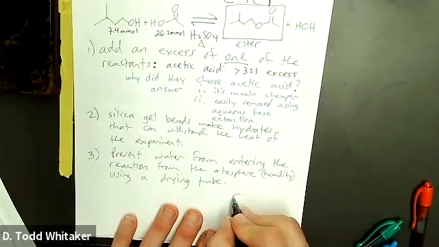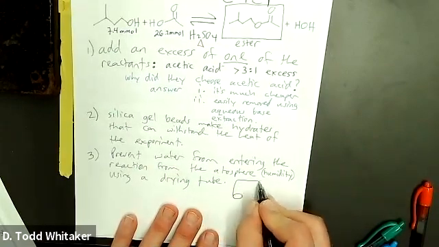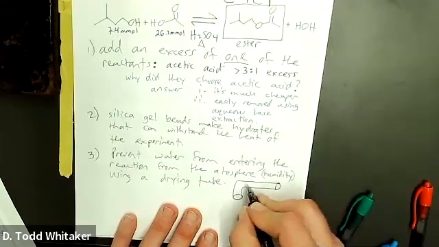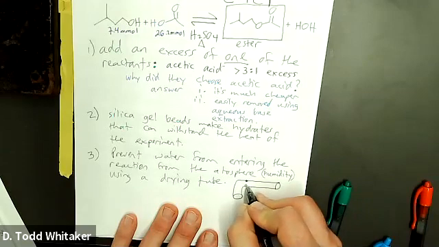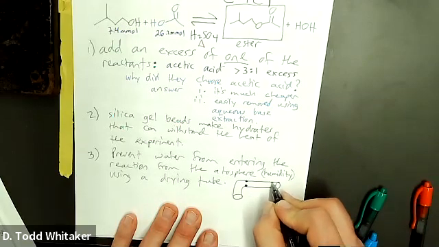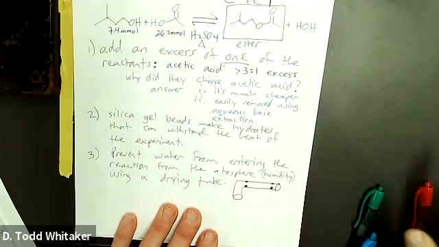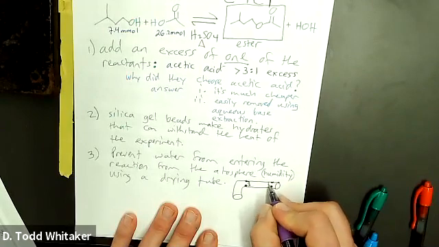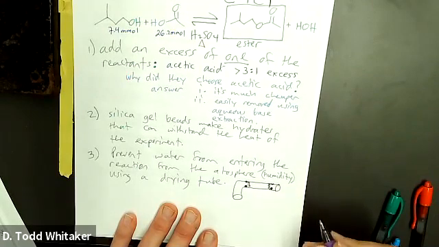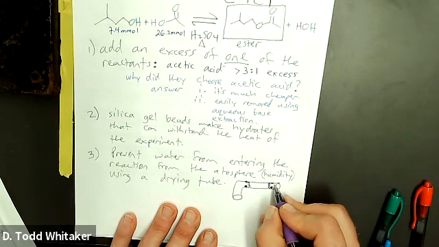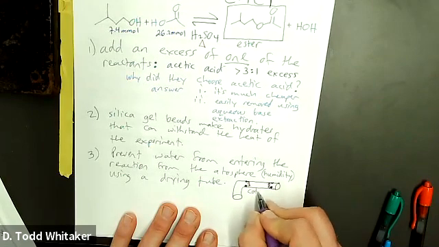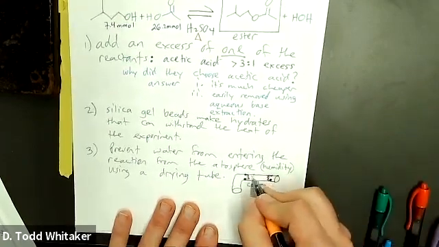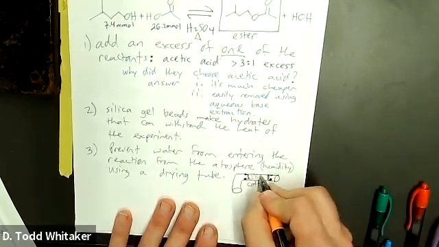Here's my lame attempt at artwork again. Piece of glass. It's got a couple notches in it. Notches there to prevent the cotton. There's cotton here. I suppose the cotton's really out here. That's okay. Cotton. And it's going to have beads in there.